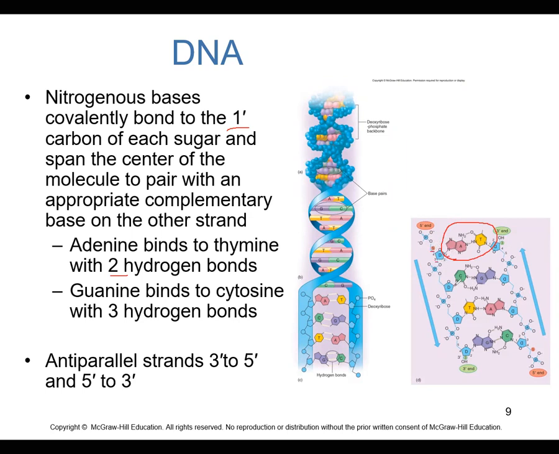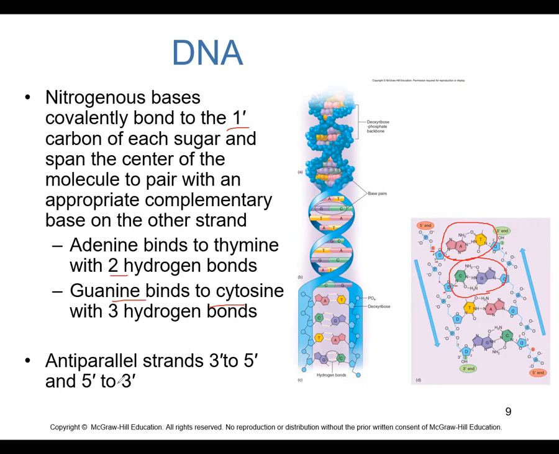There's the 1', and you'll see 1', 3', 5'. And down here, the guanine and cytosine, these have 3 bonds. So look right here, guanine and cytosine, there's 3 hydrogen bonds. Because of these bonds, it'll help twist the DNA, but these 2 bonds on the A's and T's will come into play a little bit later on in our discussion.